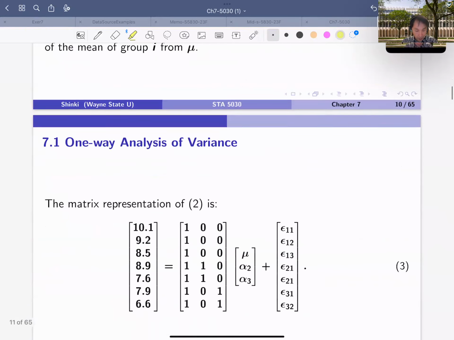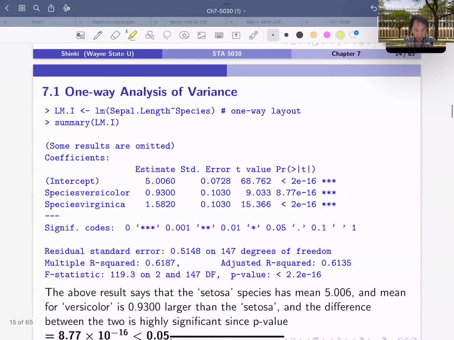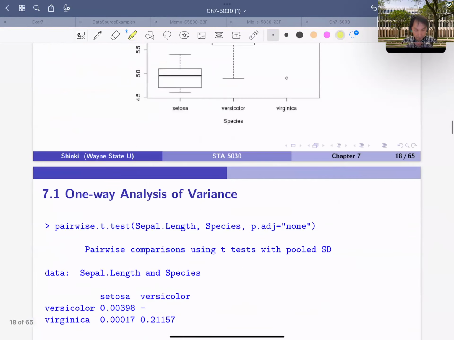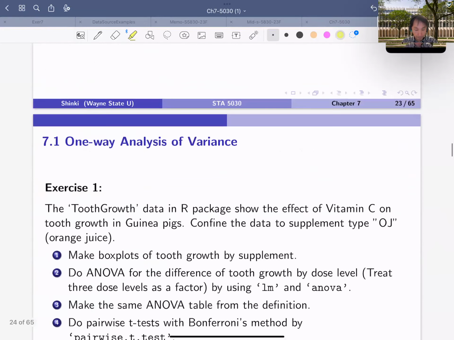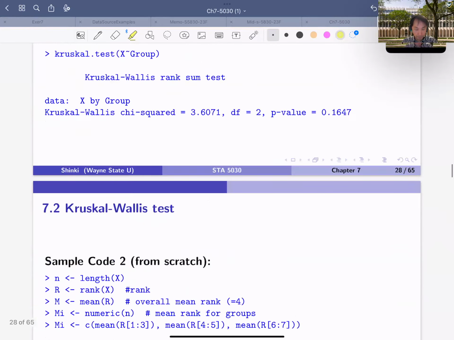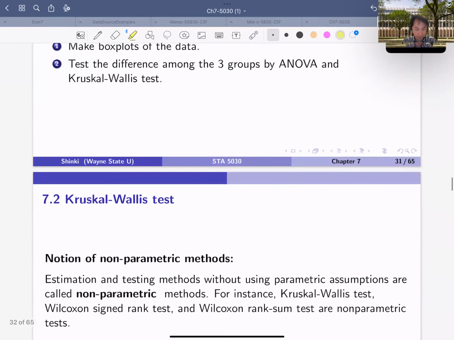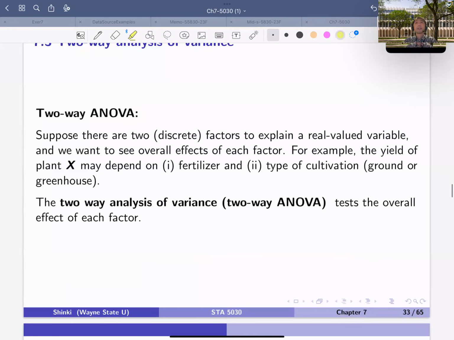And today's topic is two-way ANOVA. Two-way ANOVA is a further generalization, a further extension of one-way ANOVA. We have two factors to explain the real valued variable.